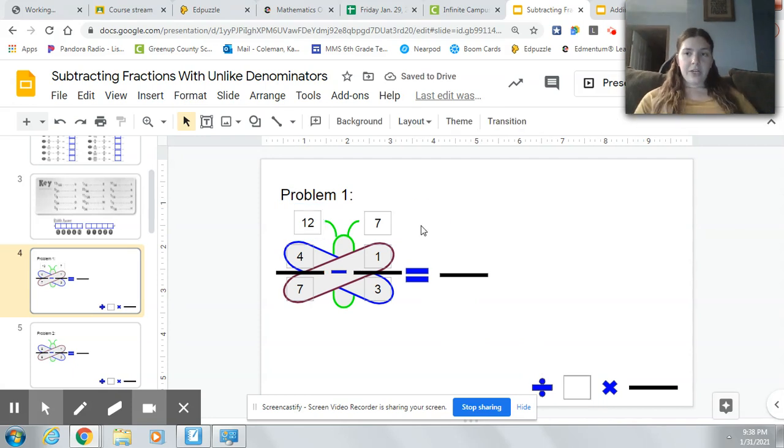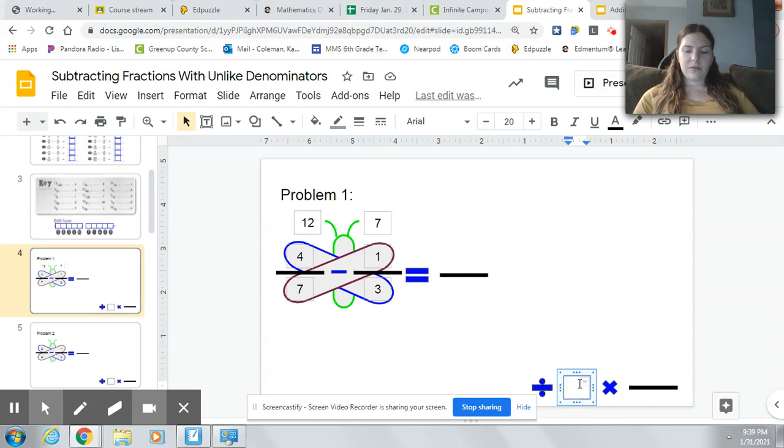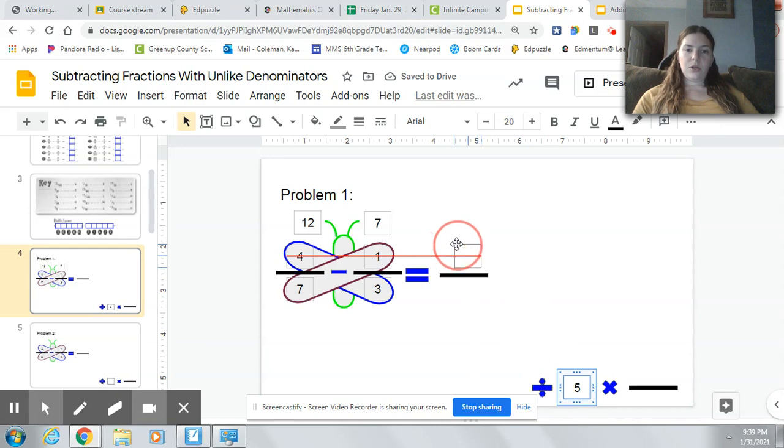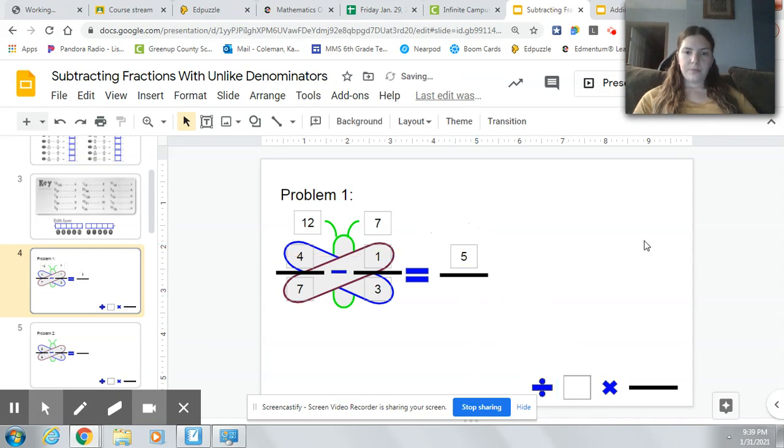Okay, the only difference between the practice problems that we did before is instead of adding, there's a subtraction sign between the two. So we have to subtract. You're subtracting 12 minus 7. 12 minus 7 is 5, and 5 is going to be the numerator of your answer. Then, to get your denominator, you have to multiply the 2 denominators together.